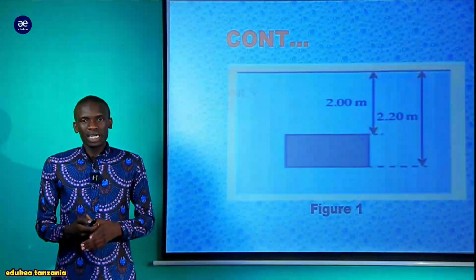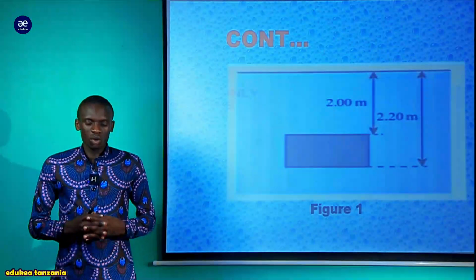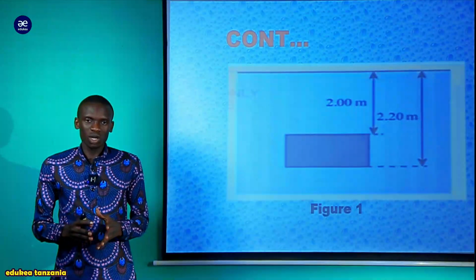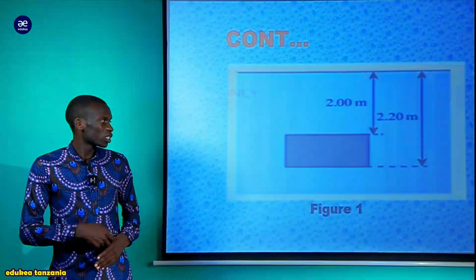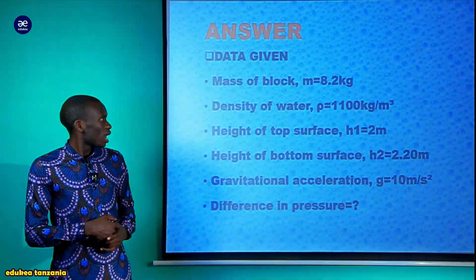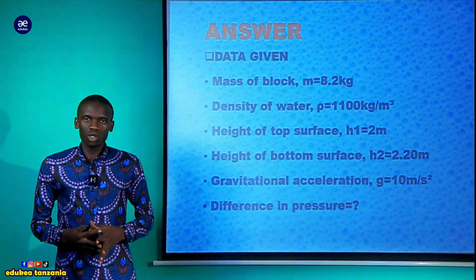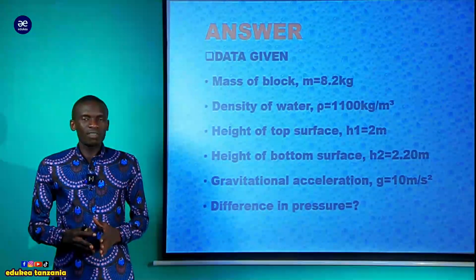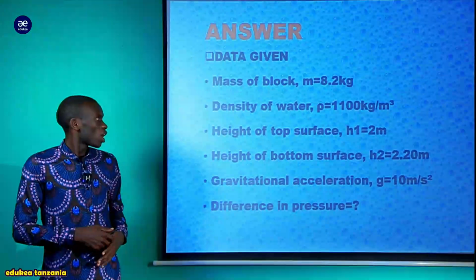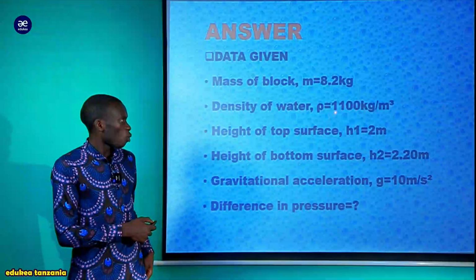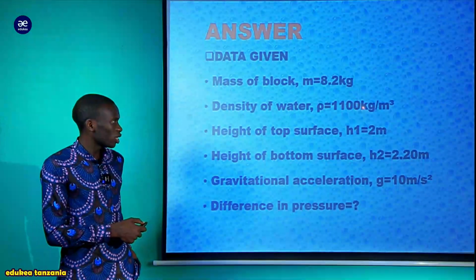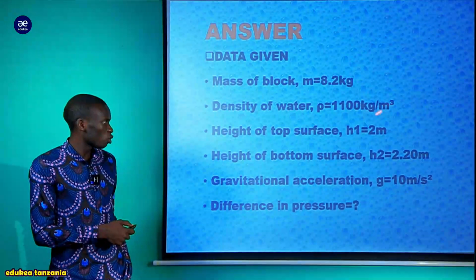After then, let's see how the question was supposed to be answered, or how to solve this question. Say we have been given the mass of the block equal to 80.2 kilogram. Also, we have been given the density of water, which is equal to 1100 kilogram per meter cubed.